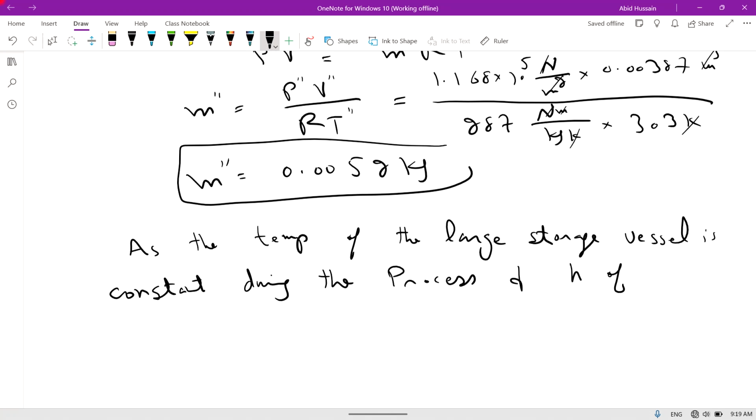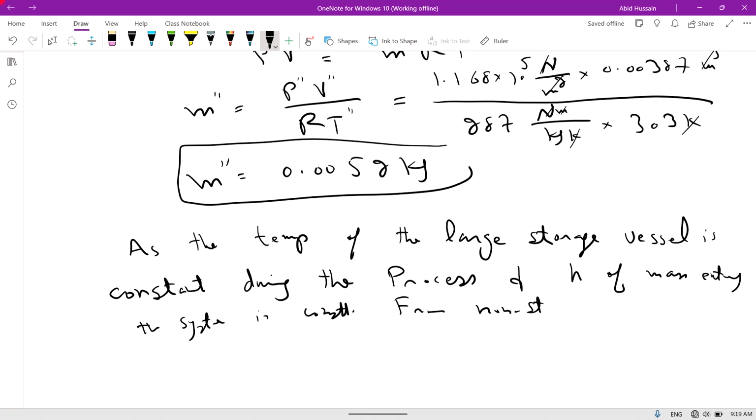Then we can use the non-steady flow equation in these conditions.